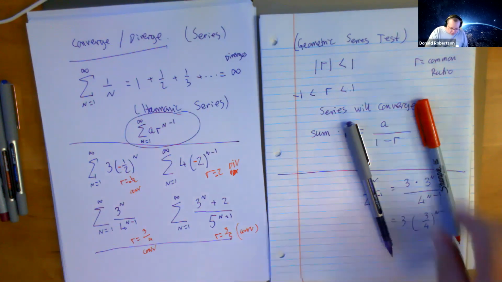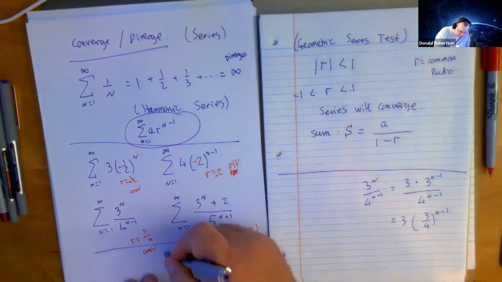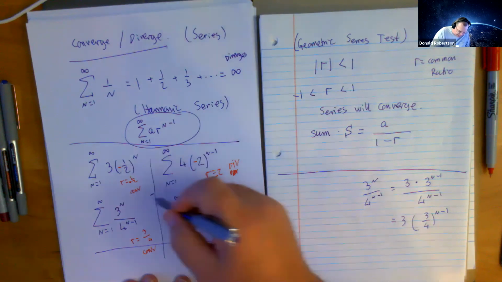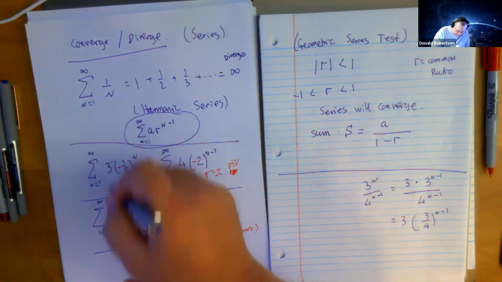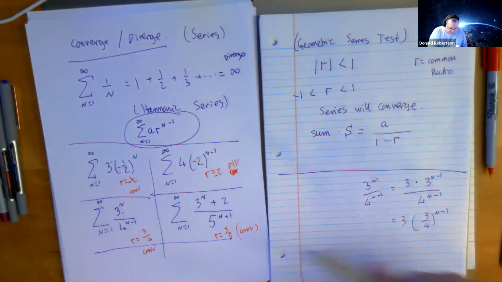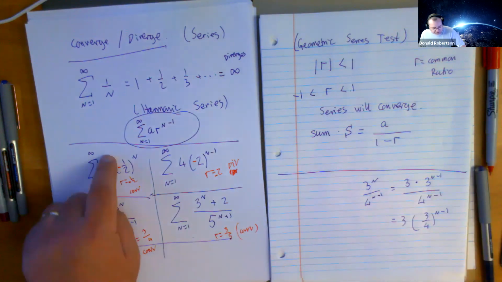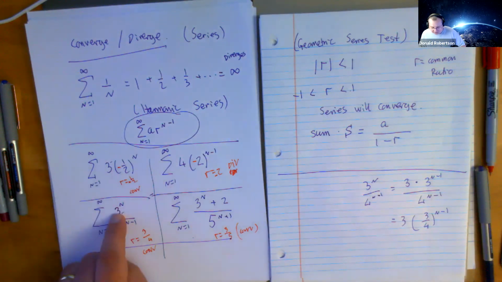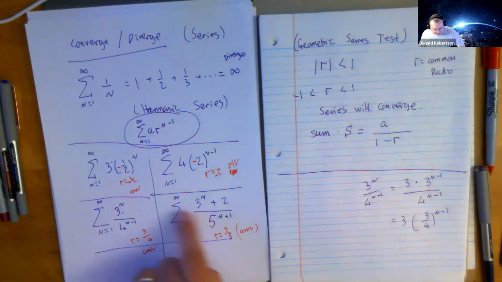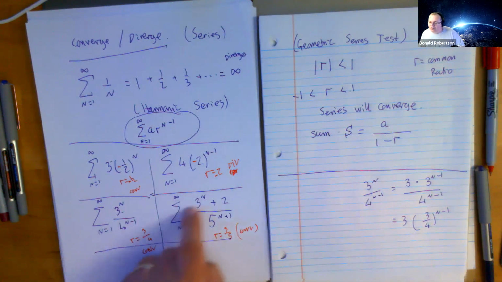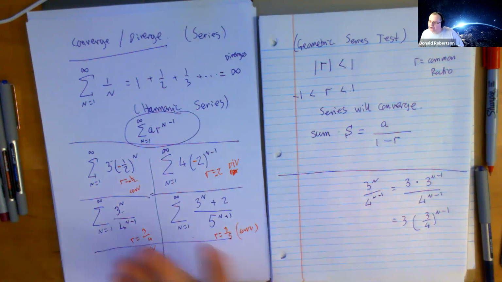Now, for the ones that converge, which would be 1, 2, and 3, these two are pure geometric sequences, and therefore this formula would work. This one here, you would only be asked, does it converge, and nothing else.